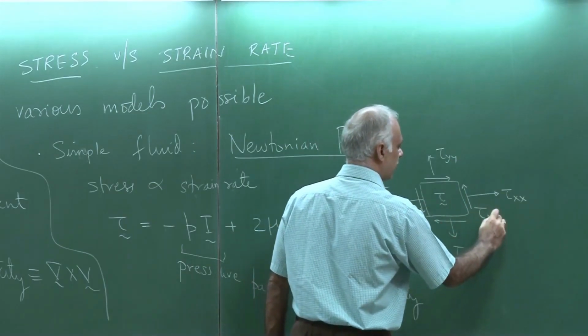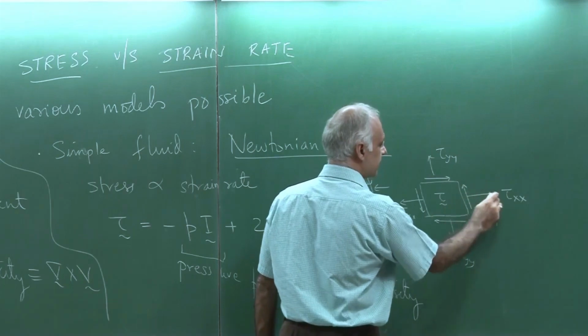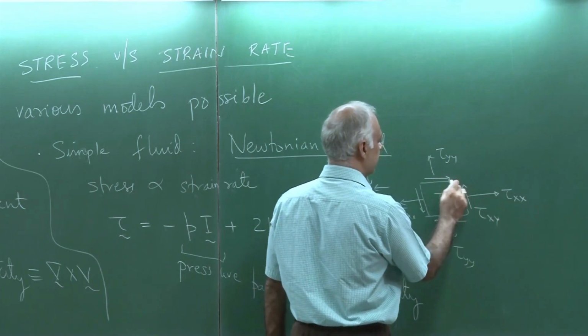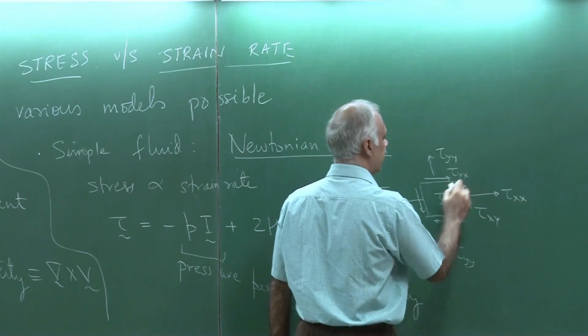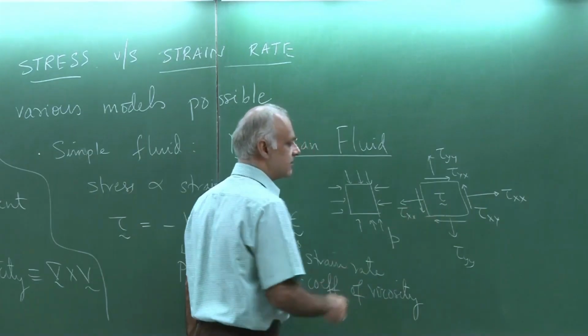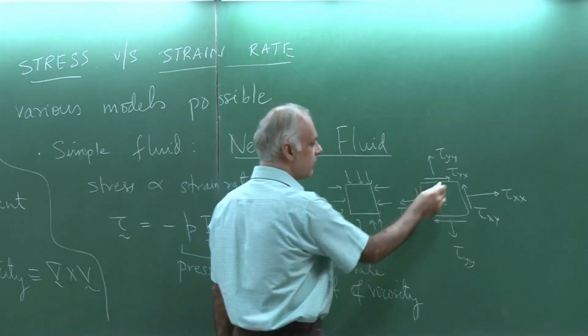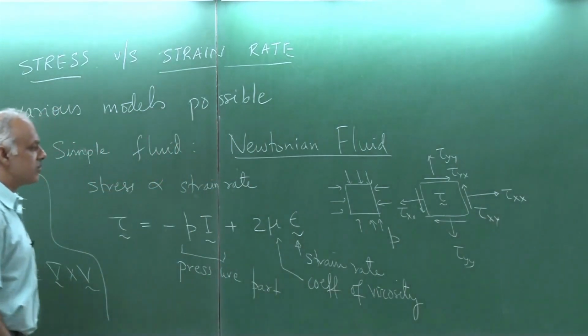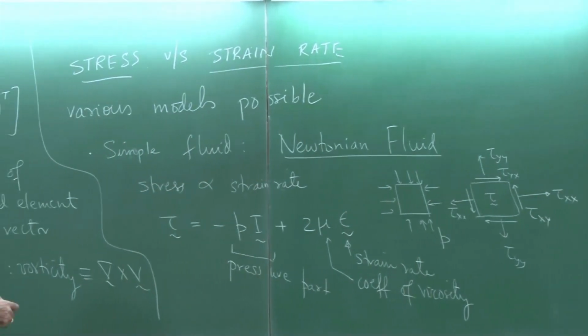So, this is tau xy, x face, y direction, and this one is the y face, but the x direction. And likewise, I could name these as well. But we already know that tau yx and tau xy are going to be equal. So, we have already looked at these things.